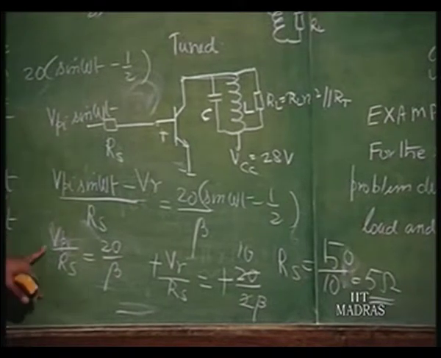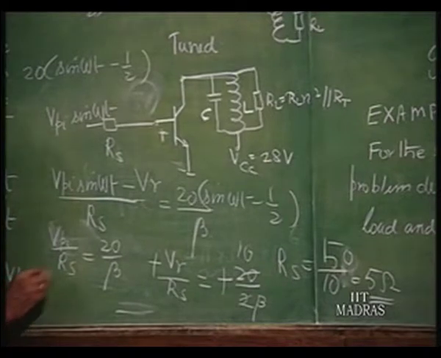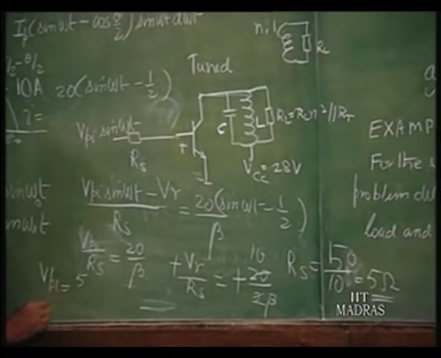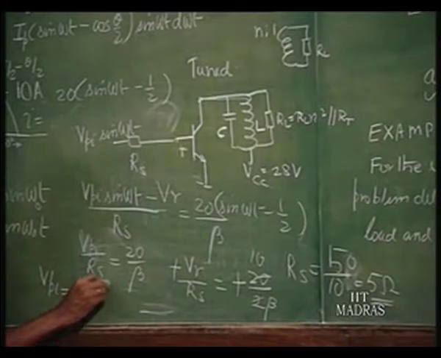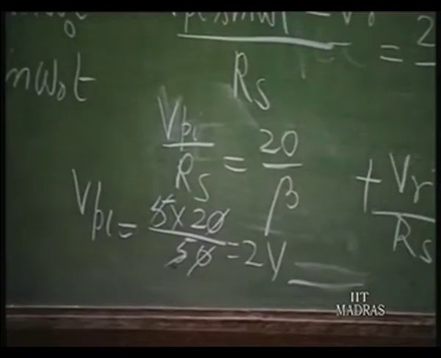Now, we can select V_PI to satisfy this condition. So, V_PI shall be R_S, which is 5 ohms, into 20 by beta, which is 50, so 2 volts.